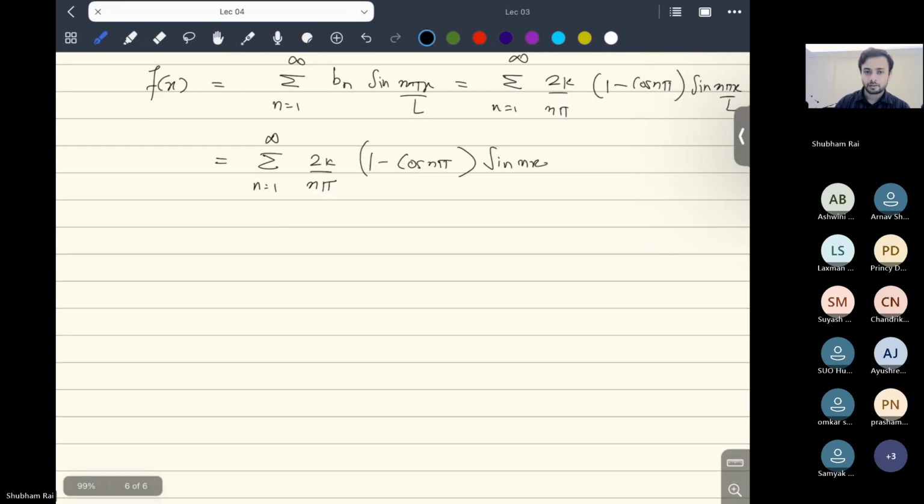Okay. Now let's substitute n equal to 1, 2, 3, and so on. So for n equal to 1, you'll get 2k by pi, 1 minus cos pi is minus 1, so you'll get 2 again. So you'll get 4k by pi into sine x, right?